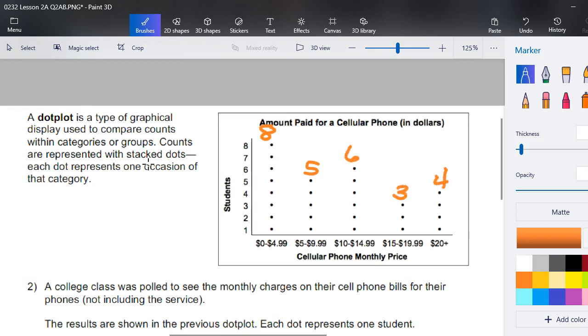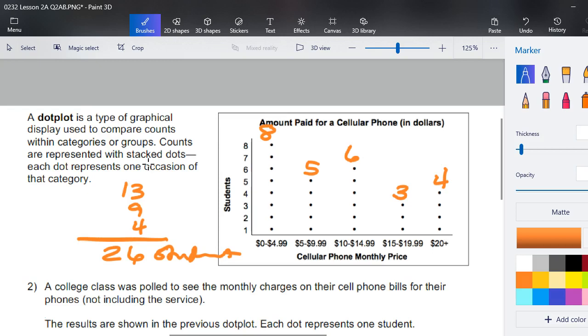So the students who responded 8 and 5, 6 and 3, and 4 more, we have 26 students were polled. And how do you know? Well, they're all represented there with their responses by a dot. Part F says, in the dot plot, are you able to see every data value? The answer is yes.